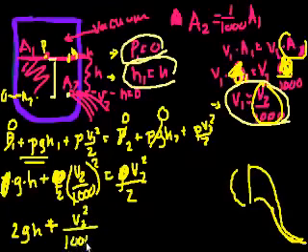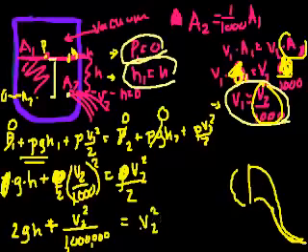Over 1 million. And that is equal to v2 squared. Now, we could do the exact thing. We could subtract 1 over a million v2 squared from both sides, and we would get 0.9999999 v2 squared.